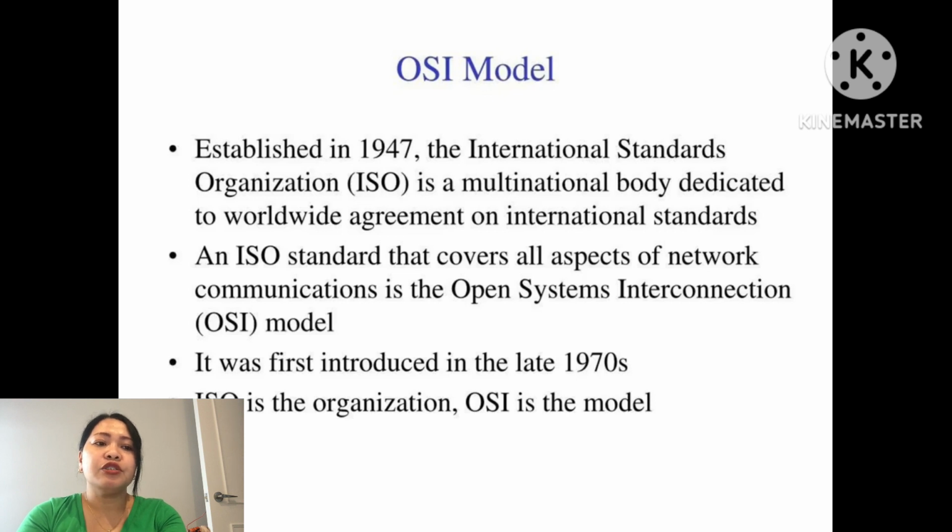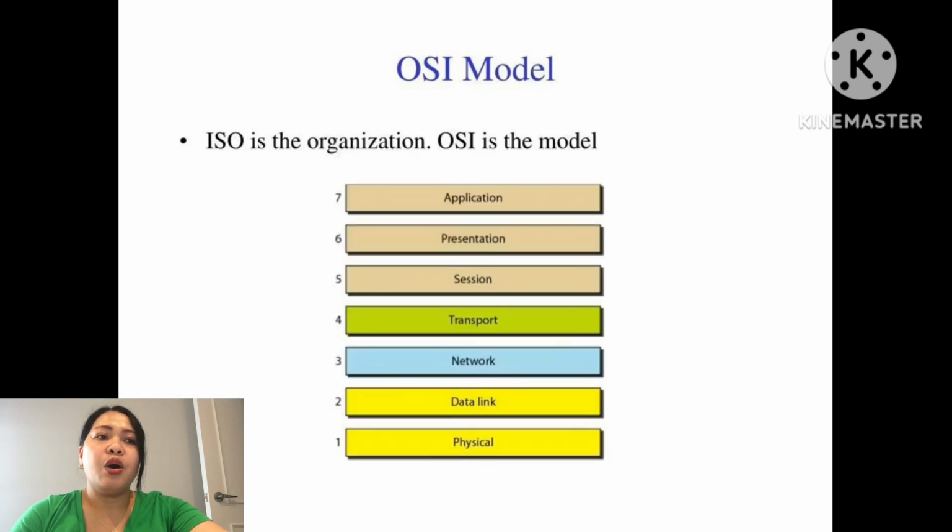It was first introduced in the late 1970s. ISO is the organization, OSI is the model. See the samples in the pictures.